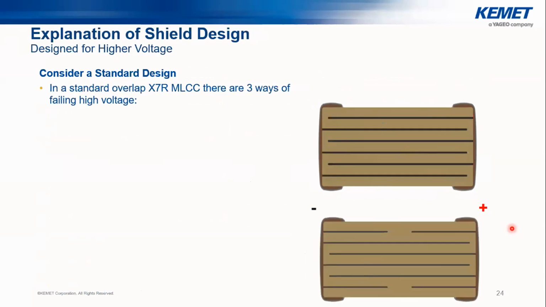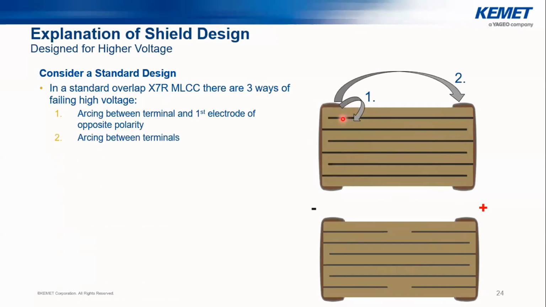Considering a standard design, for example X7R MLCCs, there are three ways we can fail at high voltage. We can have arcing between the terminal and the first electrode of opposite polarity, arcing between the terminals, or internal breakdown between the layers.